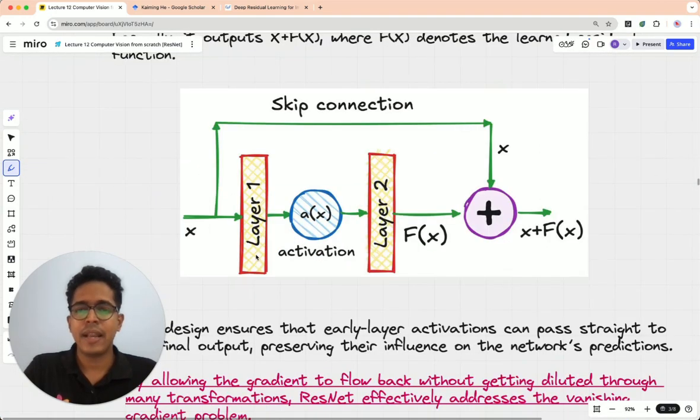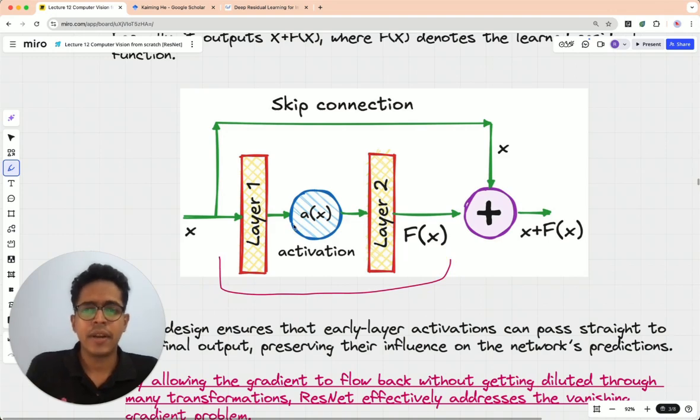So you have layer 1 and layer 2 here. In between, you have activation. And let's say this is the architecture of whatever network you have. Let's not call it a neural network yet, but let's call this one residual skip connection module.